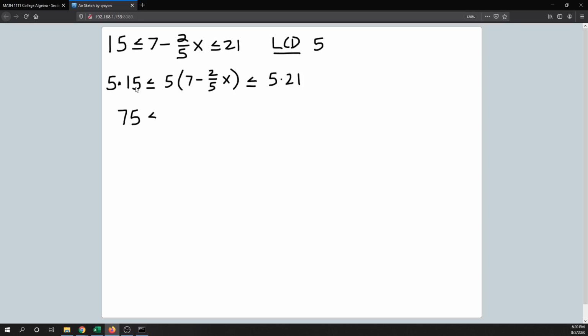In the middle, since we have two terms, that's why I put that expression in parentheses, so I would not forget to take that 5 and multiply it times each of those two terms. So 5 times 7 is going to be 35, and then I'll have 5 times 2/5 x, and then 5 times 21 is 105.